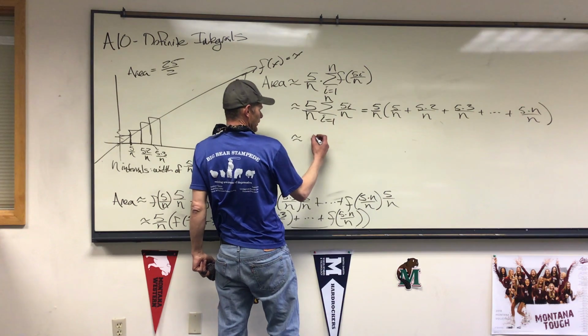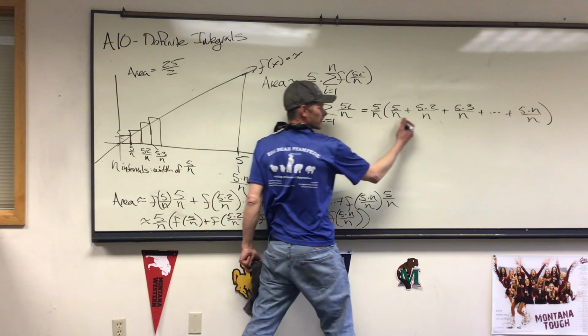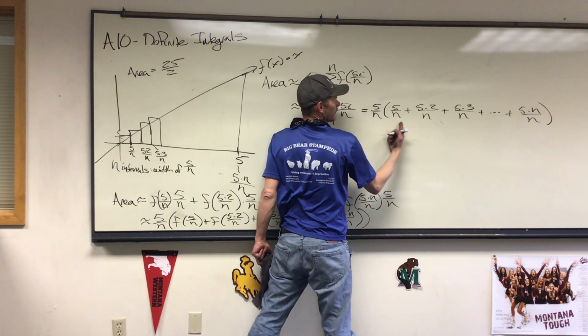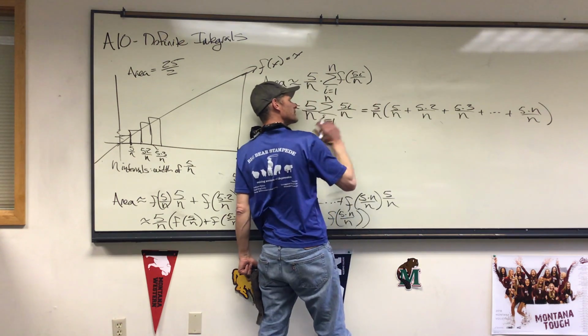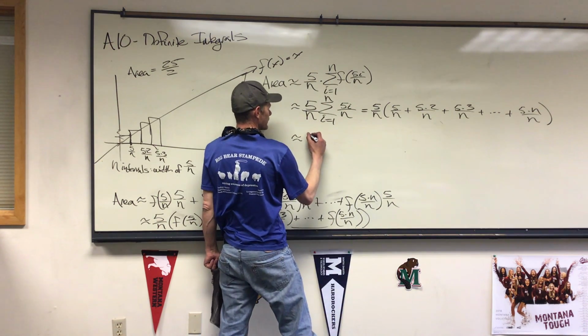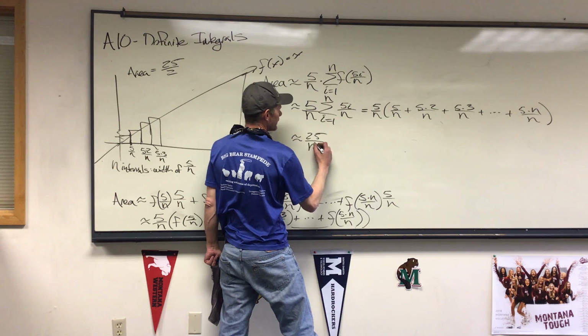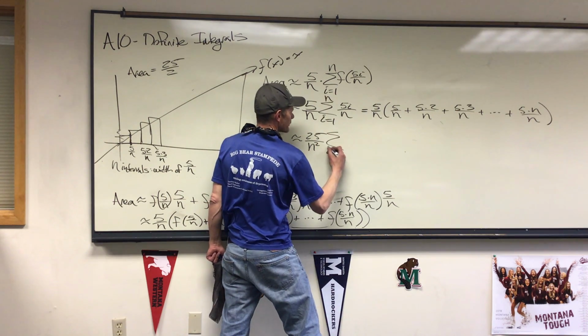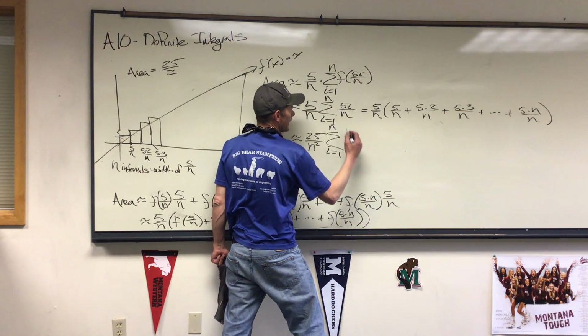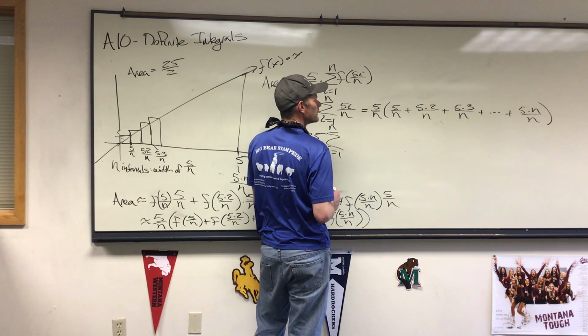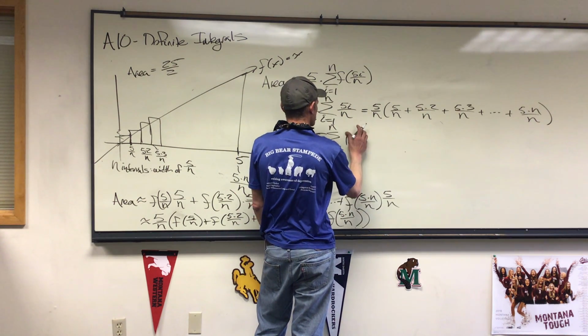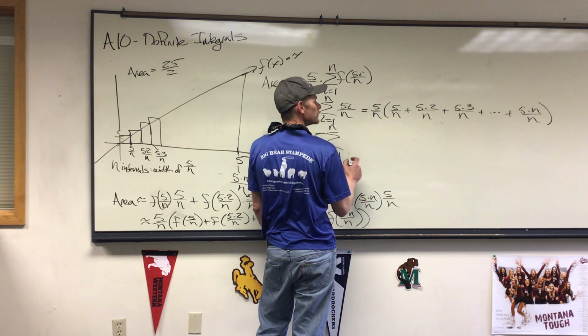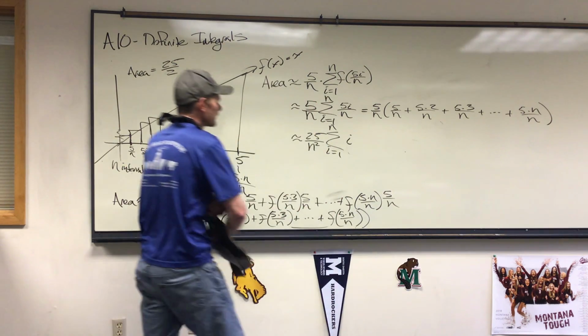Right, you see that? I could write a summation right here, after I take these 5 over n's out again. So I have 25 over n squared times the summation from i equals 1 to n of 1 plus 2 plus 3 plus 4, or i.